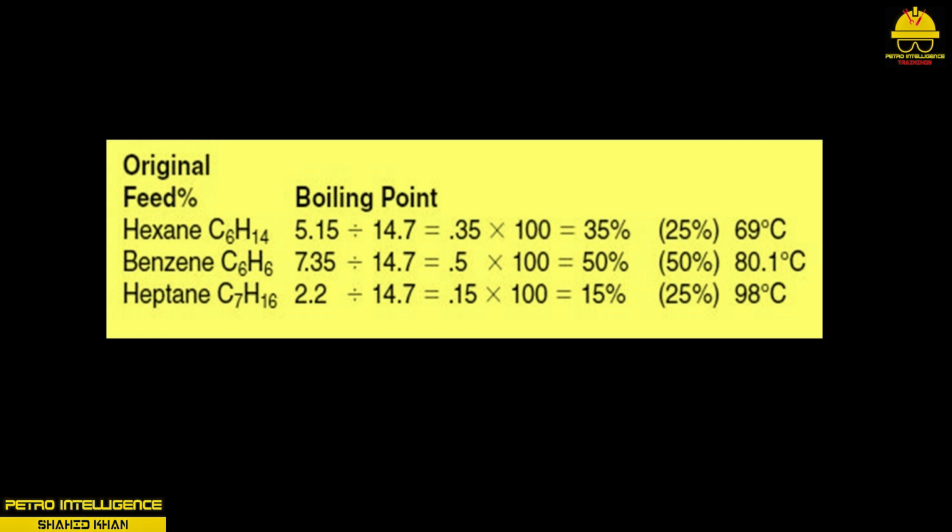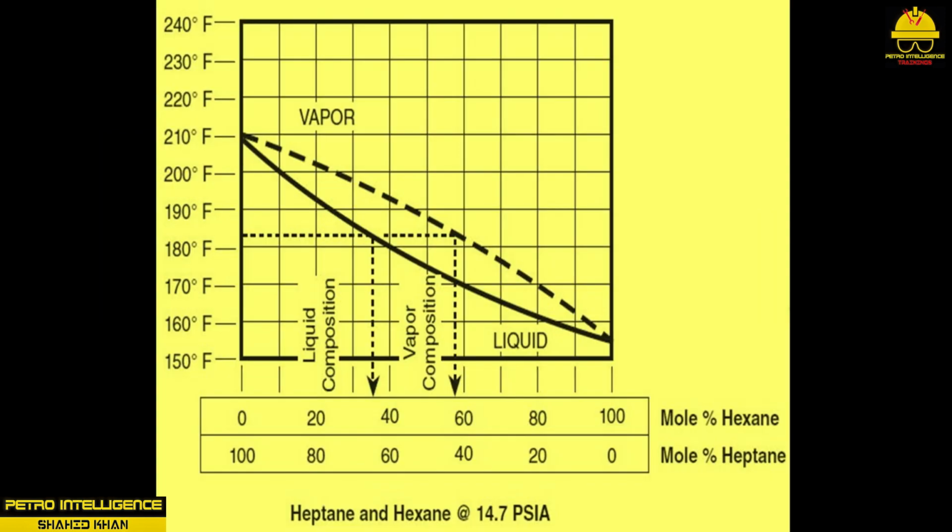The larger the difference between the partial pressures, the easier it is to separate the fractions by boiling point. The original mixture had a 25% heptane, 25% hexane, and 50% benzene liquid concentration.